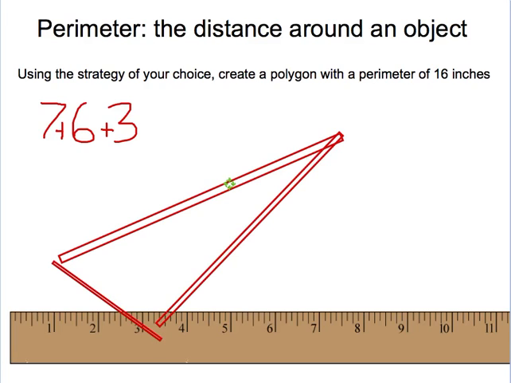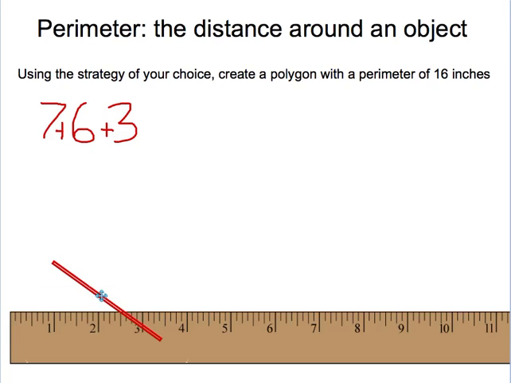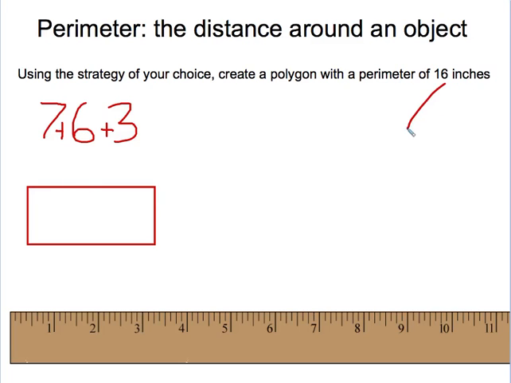The other way that you could do it would be taking it and trying to build that rectangle. So the first thing you should have done is looked at that 16 and thought to yourself, how can I make a short side and a long side? How can I divide that into 2 pieces so I know what my 2 short and longs add up to?